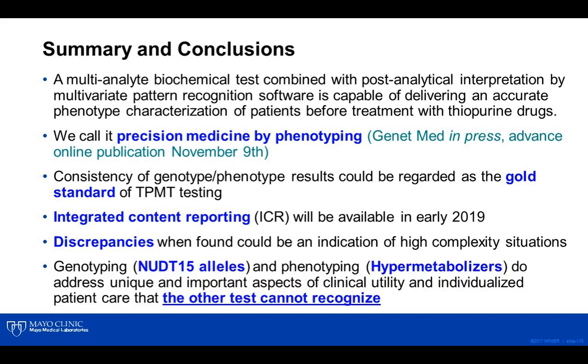And finally, it is of the utmost importance that we conclude this webinar with the notion that genotyping, particularly the detection of NUDT15 alleles, and phenotyping, recognition of hypermetabolizers, do address unique and important aspects of clinical utility and individualized patient care that the other tests just cannot recognize.